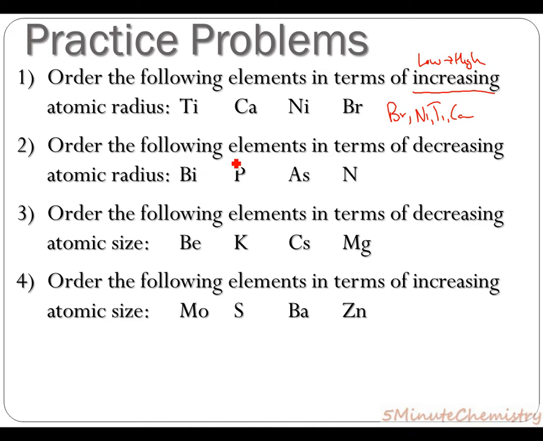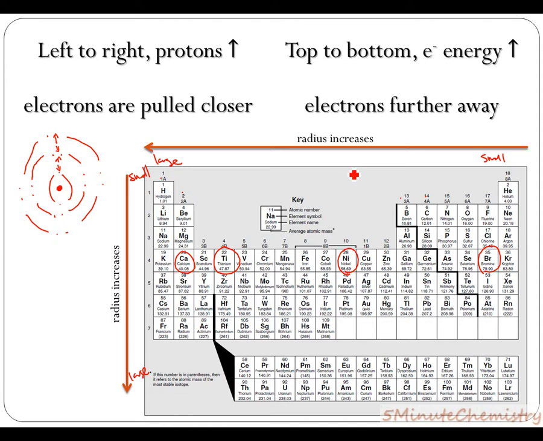Now we want to order the following elements in terms of decreasing atomic radius. Decreasing indicates I want to go from the highest radius value to the lowest radius value. So bismuth, phosphorus, arsenic, and nitrogen are my elements. So along this group, remember the trend.